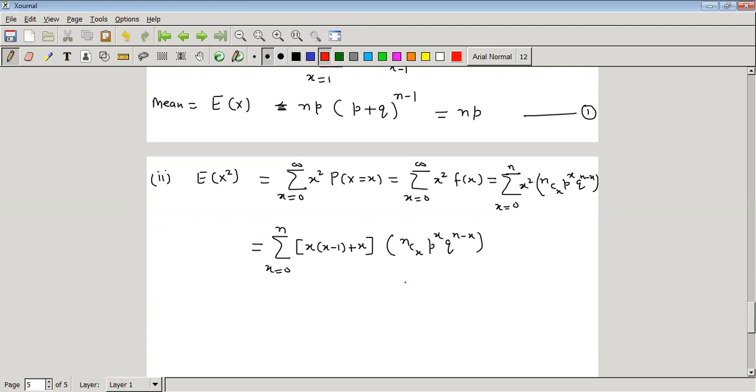So the point to remember: expand or write x square as x into x minus 1 plus x. This is the important point to be remembered.